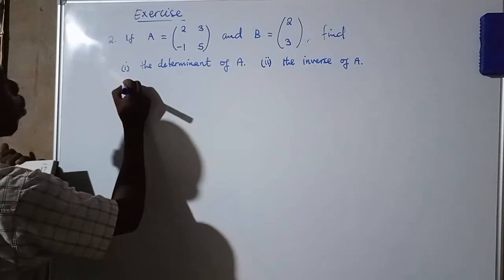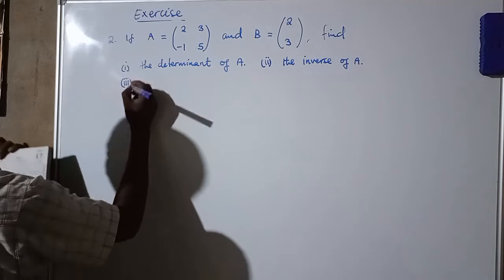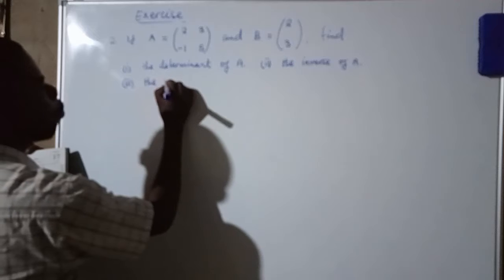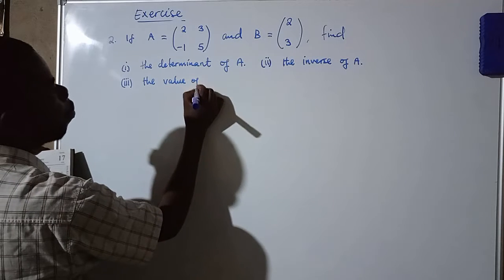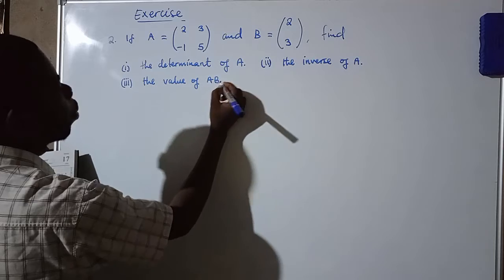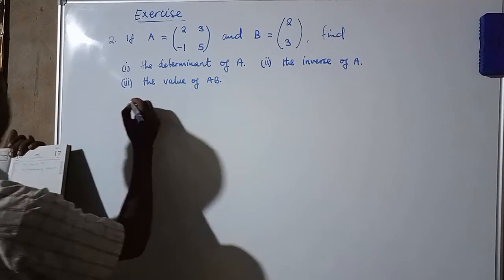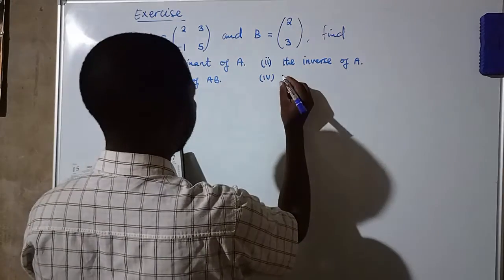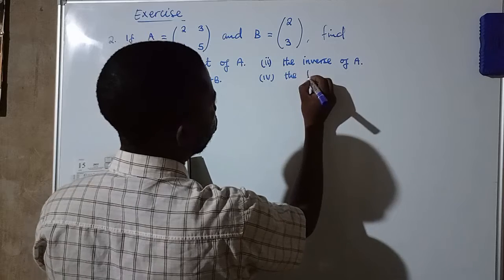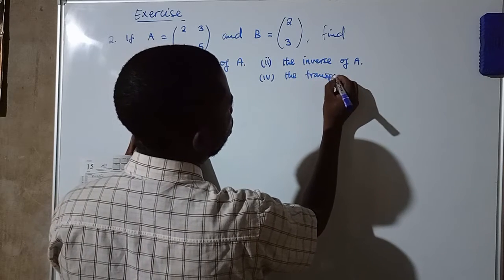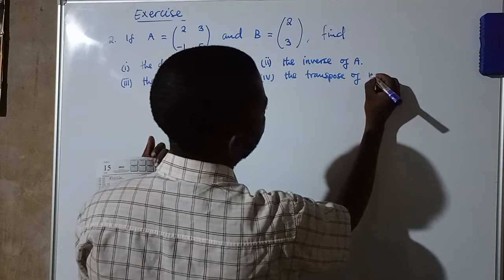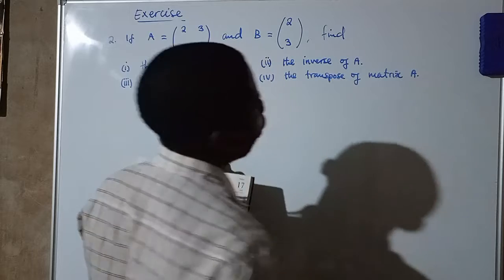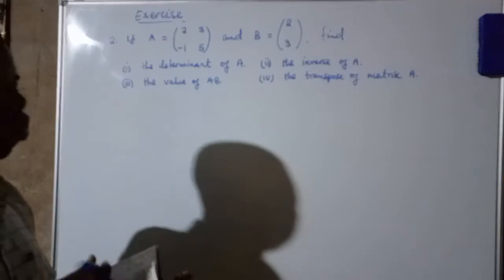Then part 3, find the value of AB. Then part 4, the transpose of matrix A. So this was question number 2.